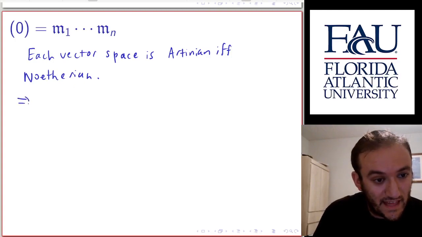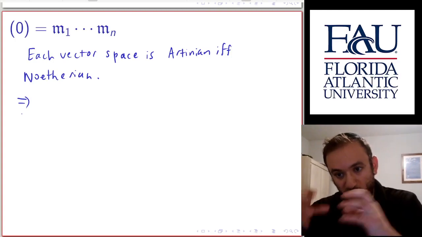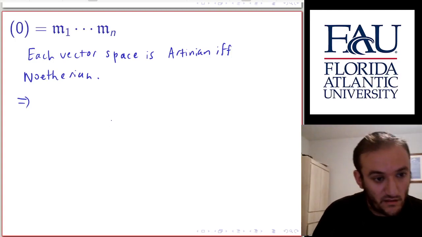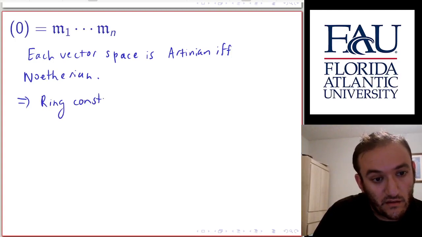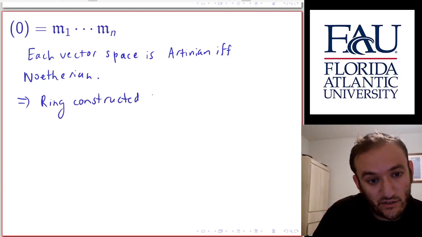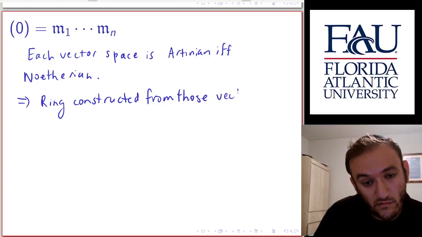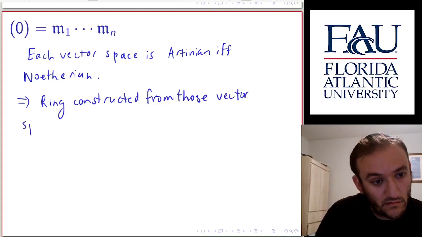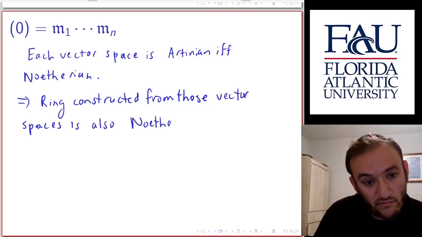But then that means that the module that you build by putting them one after the other, which is just the ring, constructed from those vector spaces, is also Noetherian if and only if Artinian.